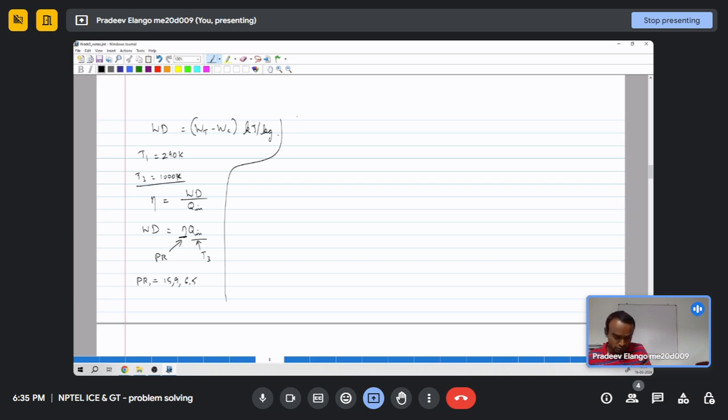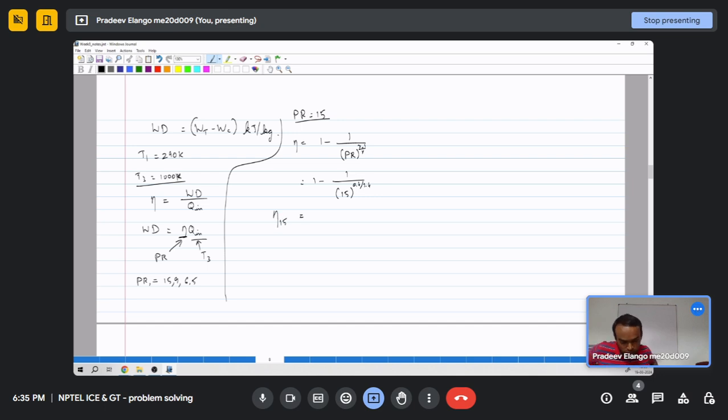So for pressure ratio equal to 15, I can calculate efficiency as 1 minus 1 by pressure ratio power gamma minus 1 by gamma. So that is 1 minus 1 by 15 power 0.4 by 1.4. What is this? Efficiency.